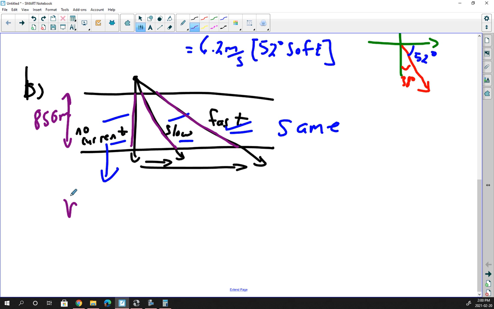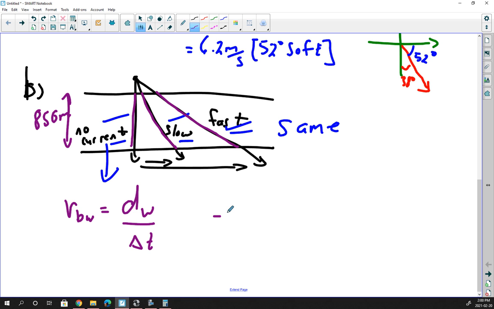So current is not involved. So it's just the velocity of the boat with respect to the water. There's no current, right? Is equal to the distance. Let me turn that into a speed instead of a velocity. The distance is the distance across the water. And how much time does it take?